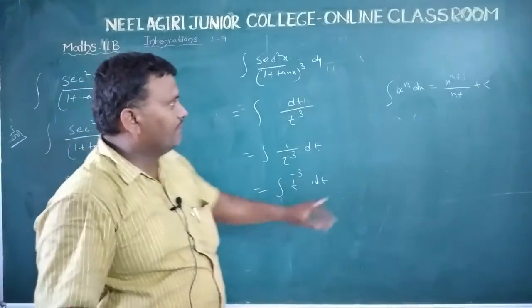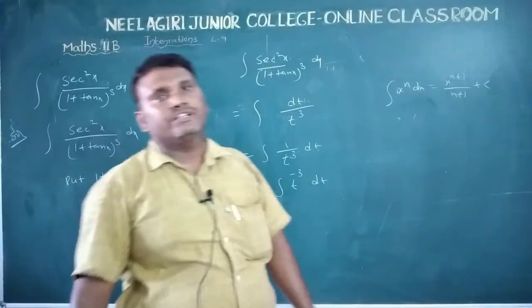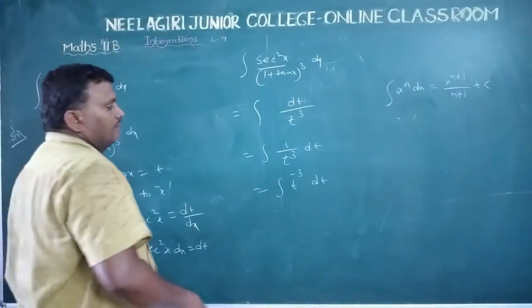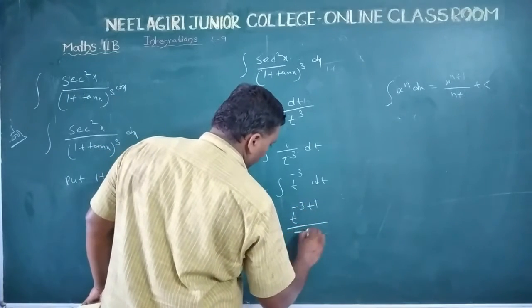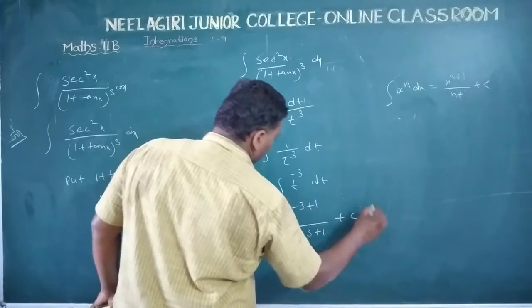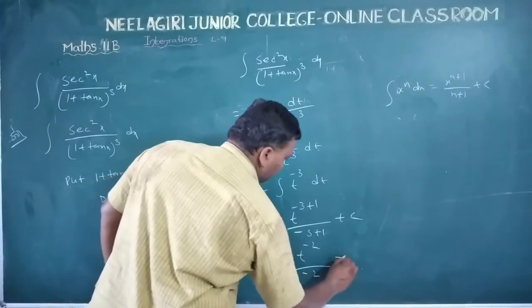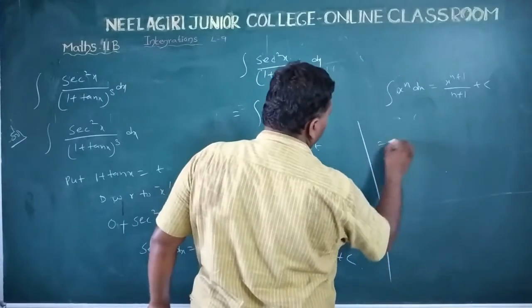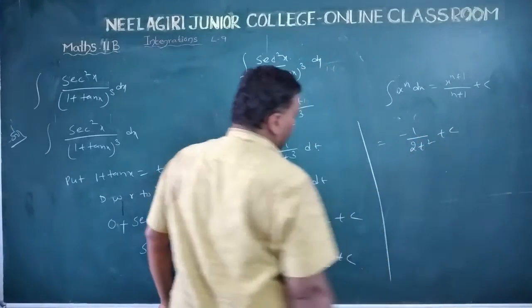This is in the form of integration of x power n dx is equal to x power n plus 1 by n plus 1, plus c. So t power minus 3 plus 1 by minus 3 plus 1, plus c, is equal to t power minus 2 by minus 2, plus c.